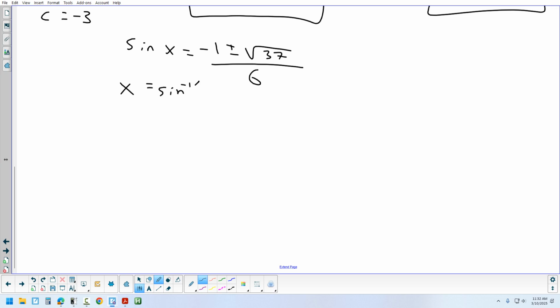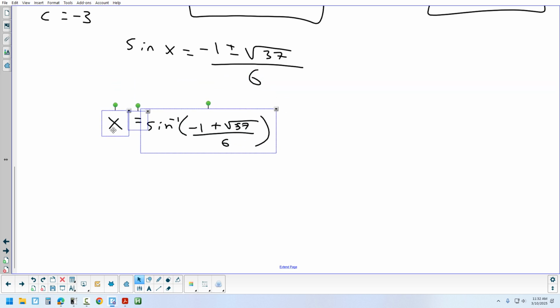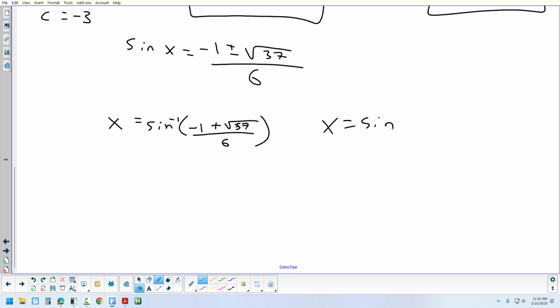So it's x equals the inverse sine of negative 1 plus root 37 over 6. I put that way too close. And the other problem is x equals the inverse sine of what's going to go in the parentheses in the top here.